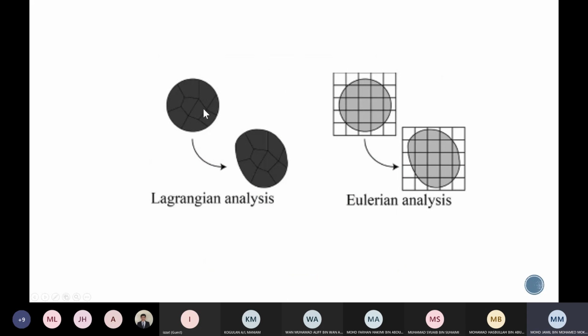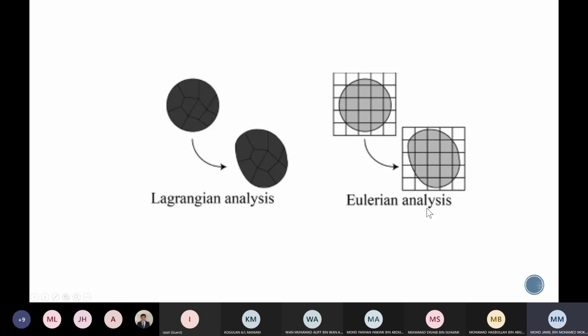So this is another way of looking Lagrangian and Eulerian. So for the Lagrangian, each of these point in the circle here change position. Okay. So we observe the motion of this point here by measuring the position of each point at a new location. Okay, kita kira setiap point ni from original and to the new location.